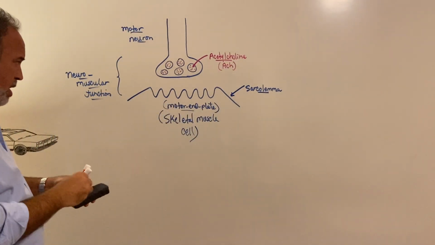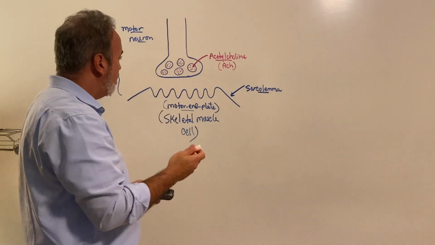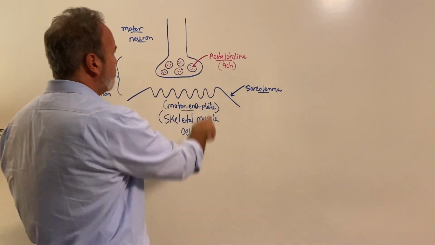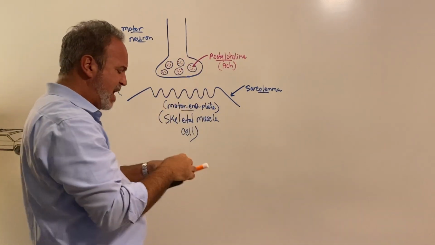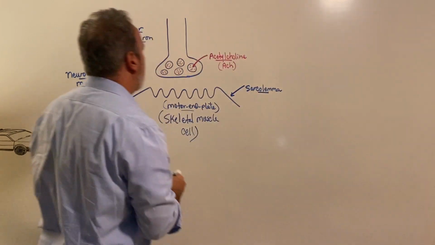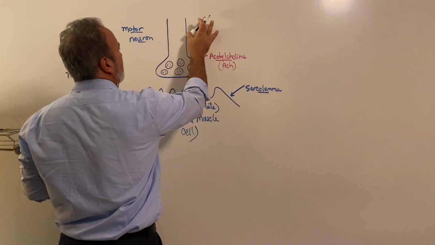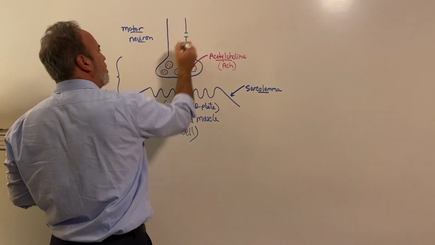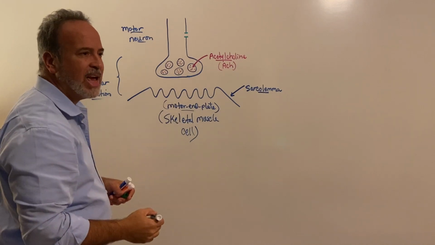Now, let me show you something else. Up here, we're going to have a channel. I'm just going to make it simple. We're going to have a channel here, and that channel is for calcium.